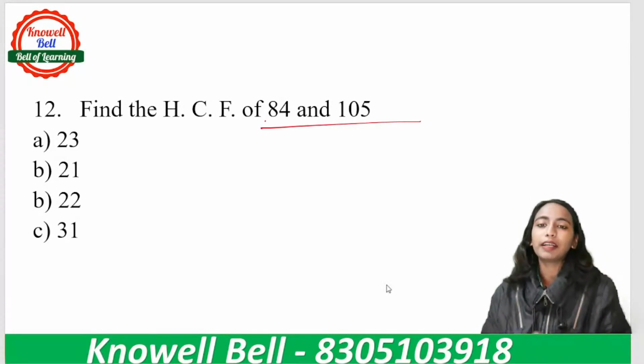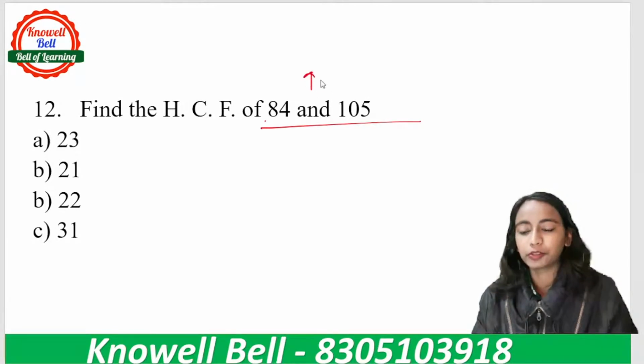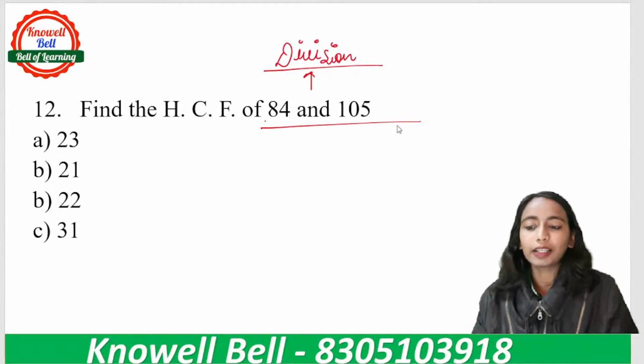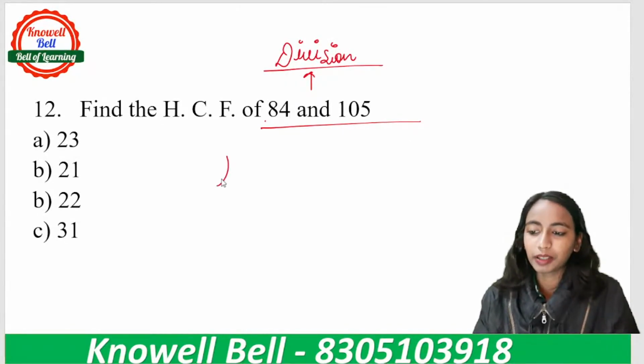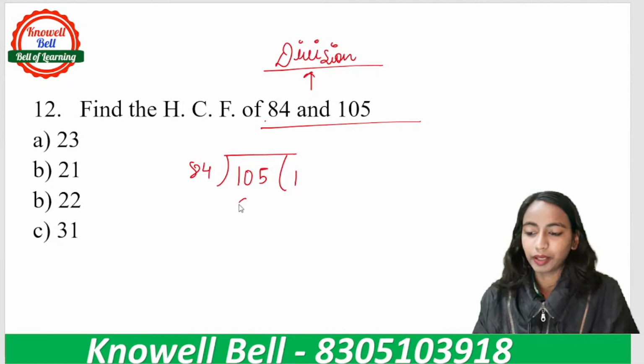We have to find the HCF of 84 and 105. For this one, we are going to use the division method. Among 84 and 105, which is the bigger number? 105. Here will come 84. So 84 goes in once, 1 times 84 is 84. What are we left with?